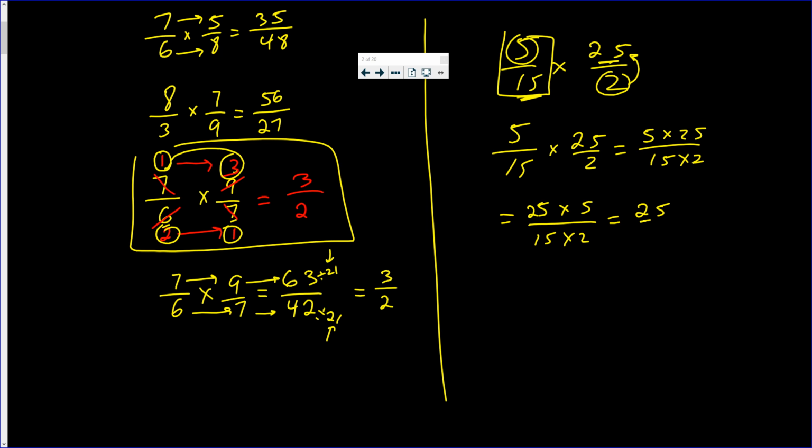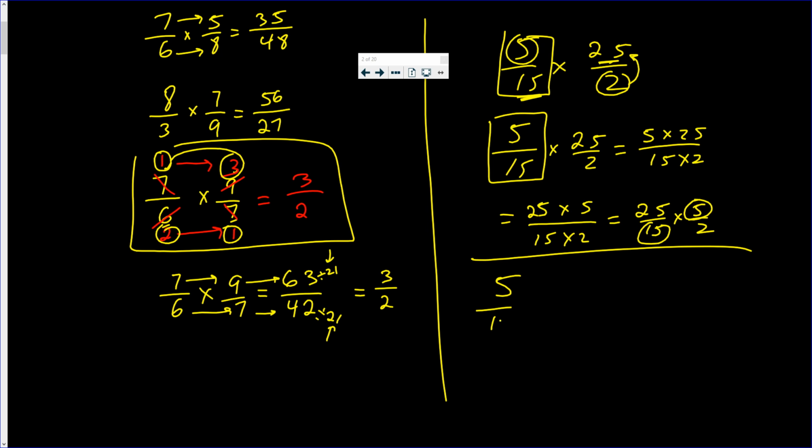Well, that's 25 over 15 times 5 over 2. So if you are correct that you can only, quote, cross divide, well, now I'm dividing the 5 into 15. Something that you thought couldn't be done. You can do it.